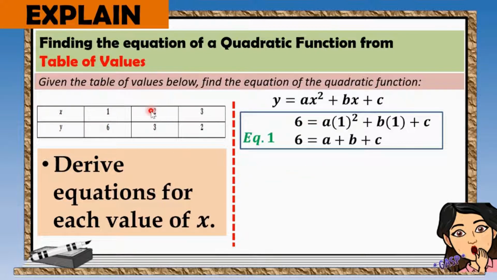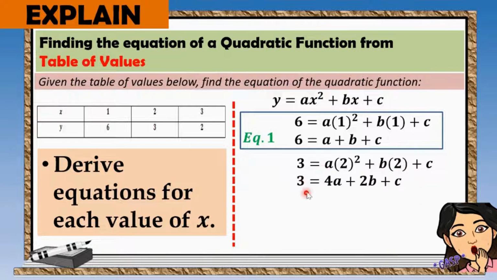Next, for equation 2, we will get these coordinates: x is 2, y is 3. Substitute to the quadratic function. 3 equals a times 2 squared plus b times 2 plus c.